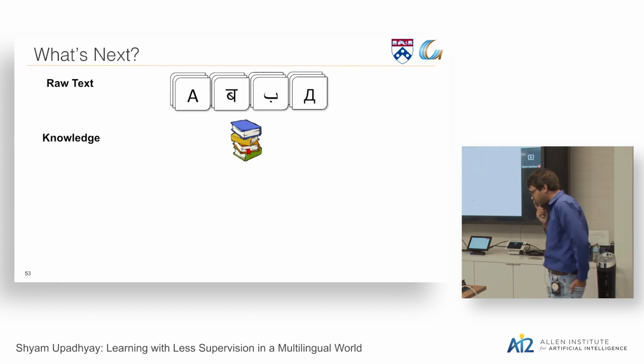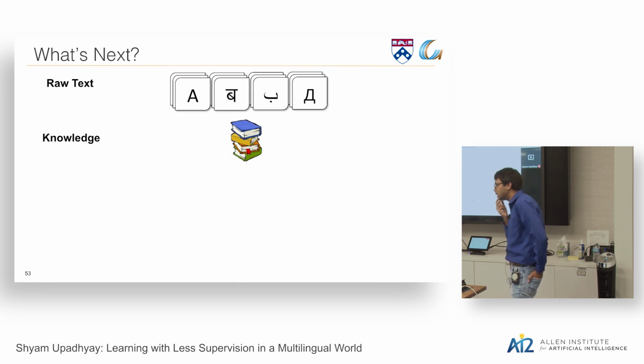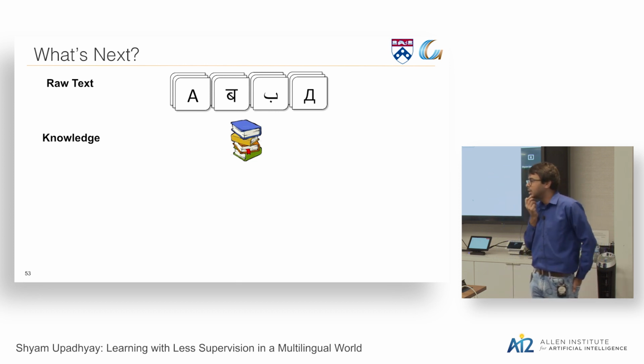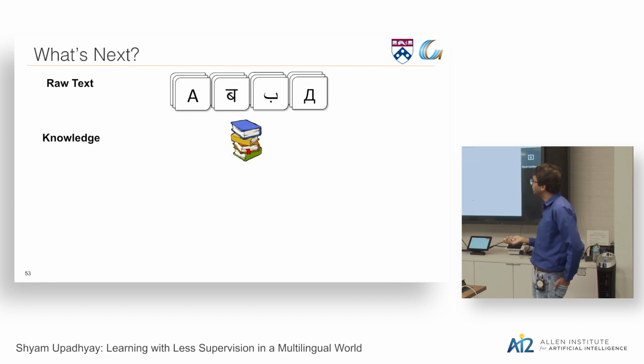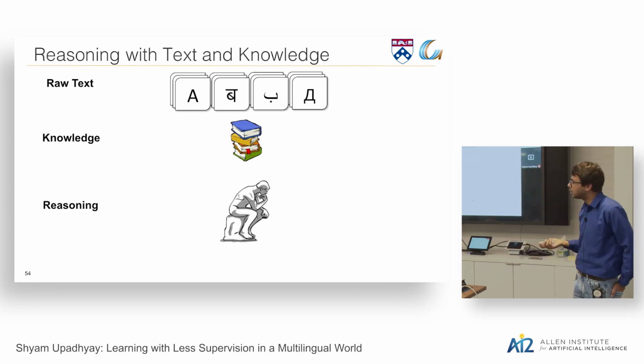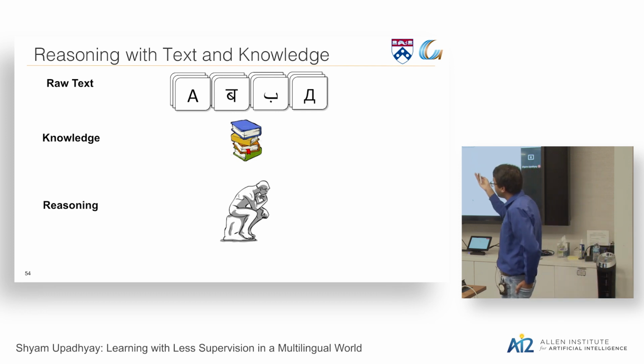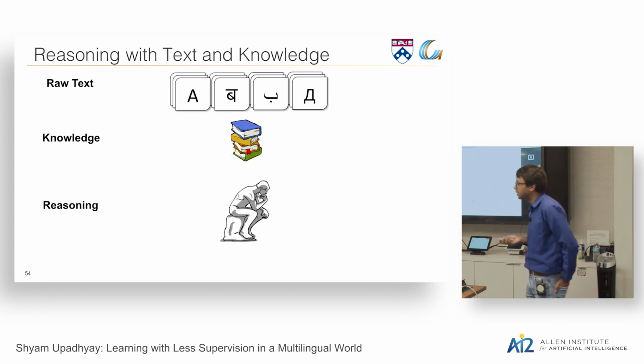All right, so before I conclude, I would like to talk about some future directions. Today's talk was revolving around grounding multilingual text to some form of knowledge. And a natural future direction in this is to perform reasoning on top of the information expressed both in the text and the knowledge.